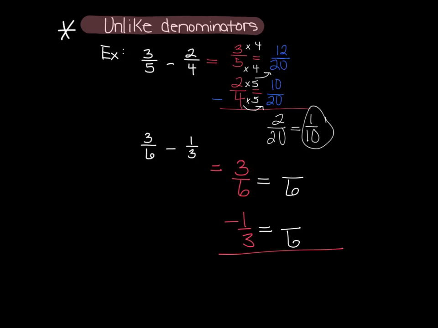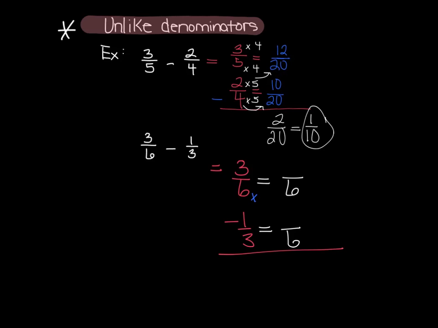I like 6. Keep it nice and easy. The lower the better. You can use 18 as well. This is one of the cases where if you multiply 6 times 3, you can get a common multiple of 18 and put 18 here, but it will not be the least common. Personally, I like dealing with lower numbers when doing any math, but it's up to you.